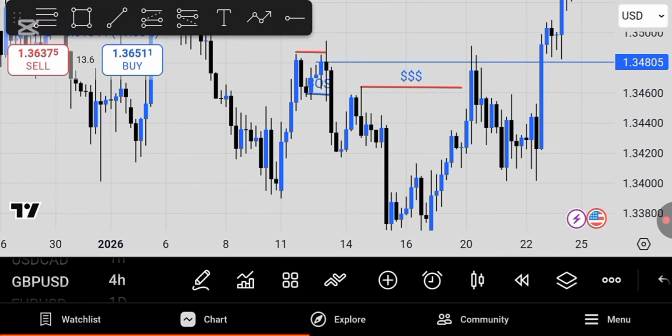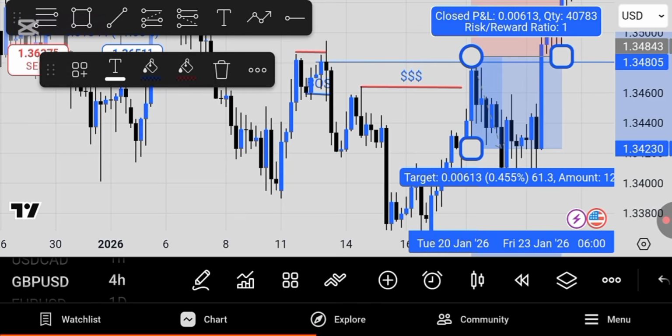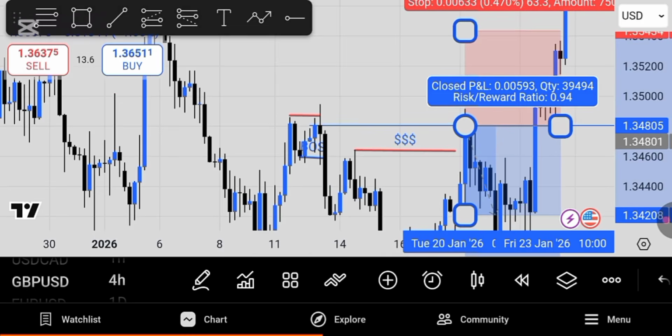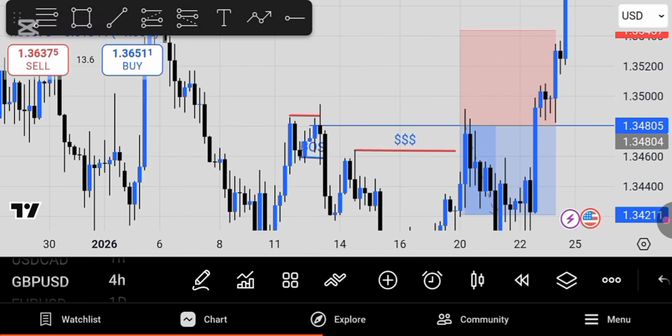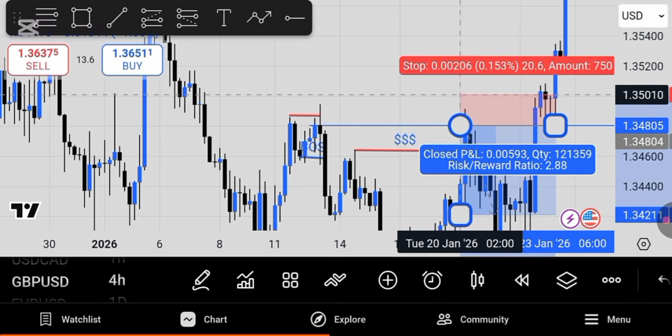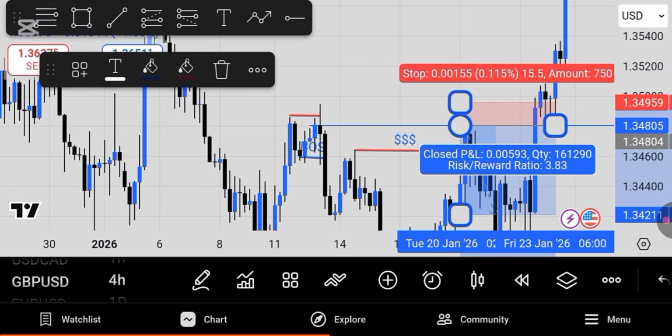Now you can take your trades from here, but the problem with taking your trades from here is you won't get that precision you are actually looking for, because if you take your trades from here, your stop loss will be relatively large, and this is the 4 hour time frame.